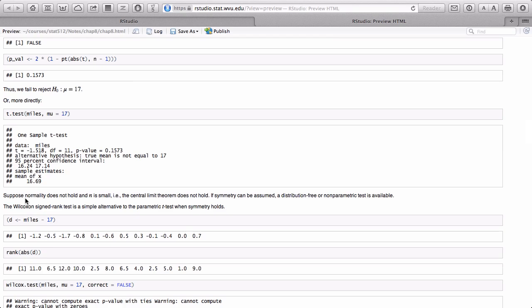Notice that you can specify a one-tailed test, either greater than or less than. In other words, I could say it's less than 17, or I could say greater than 17. I could do a one-tailed test, and in that case I would put all the probability in one tail or the other.